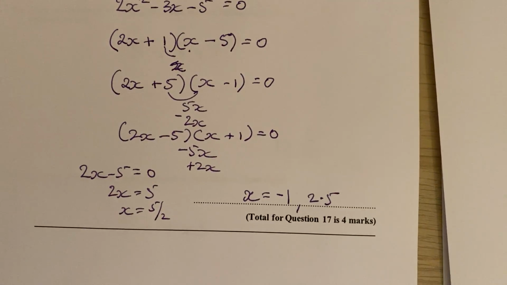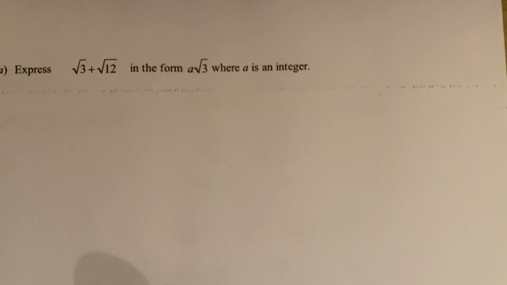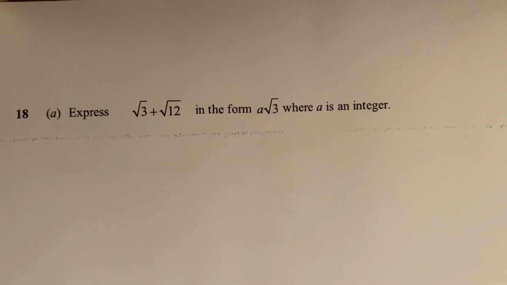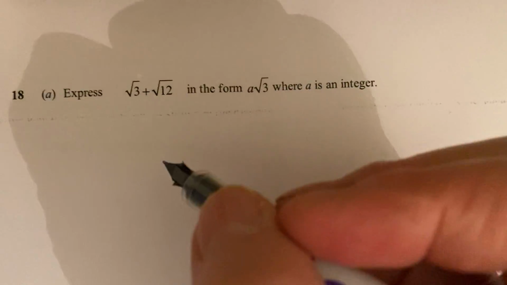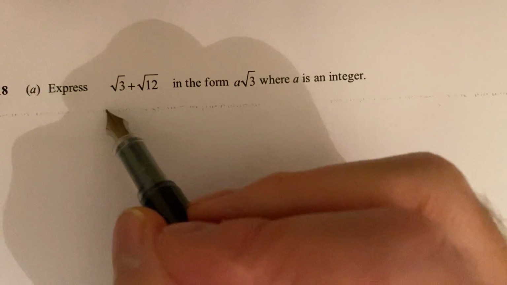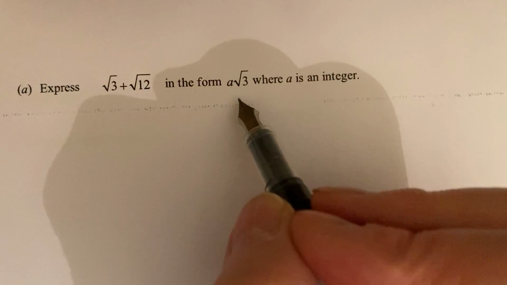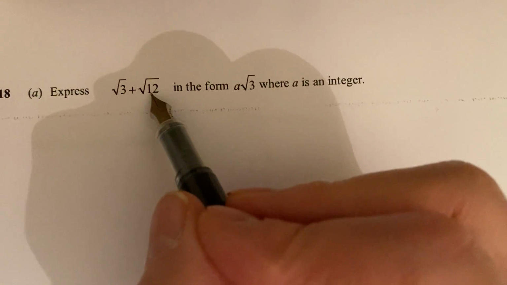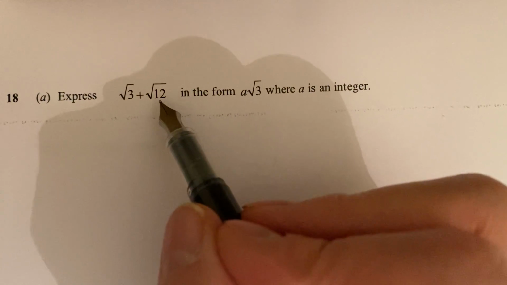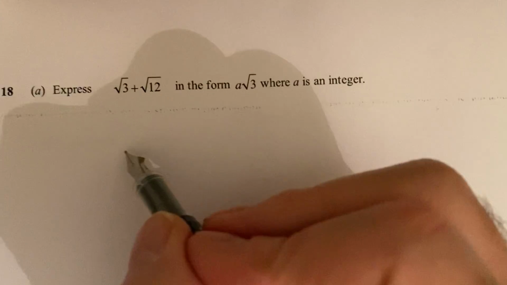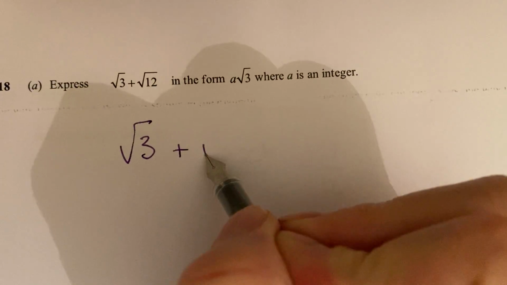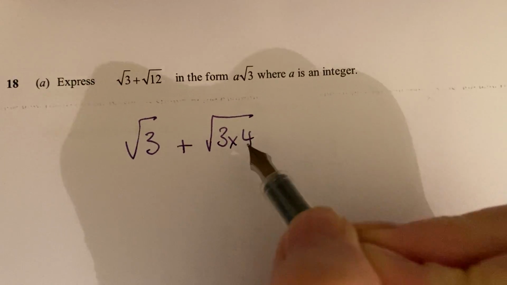Now question 18. Now, for the first part, you could do this now, actually. You do know how to do this, but I need to express this expression in that form there. Everything root 3, and hopefully you can see that there's a root 3, some things are root 12, and hopefully you can see actually it's 3 times 4.